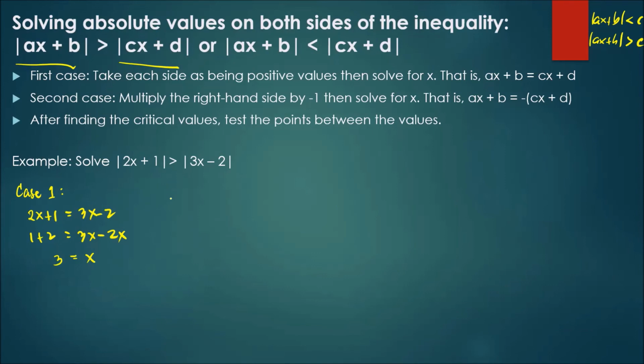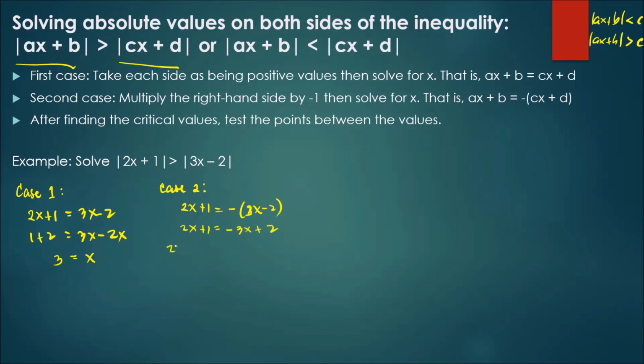Okay, then case 2. For our case 2, we have 2x plus 1 is equal to the negative of 3x minus 2. So that would be 2x plus 1 is equal to negative 3x plus 2.